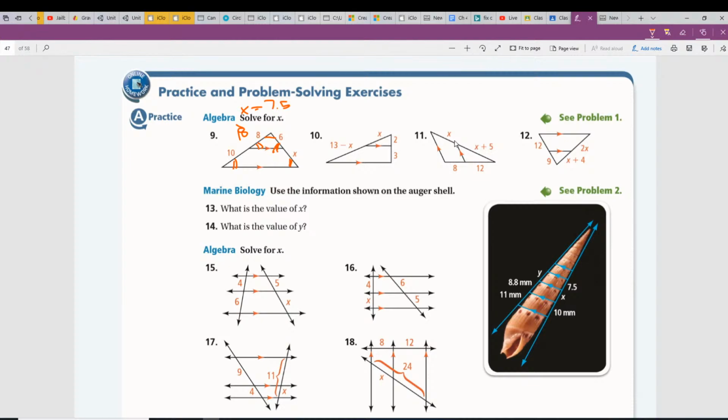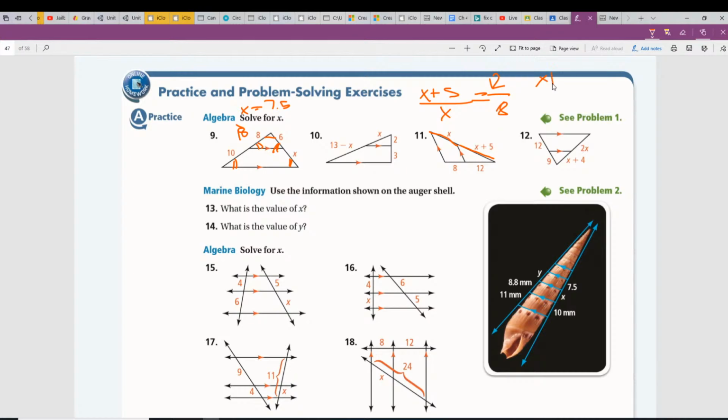So let's work this out with the method we used here. We would do x plus 5 side divided by the bigger side, which is not technically bigger, you can literally see here, but that's part of the other triangle. x plus 5 divided by x is equal to 12 divided by 8.